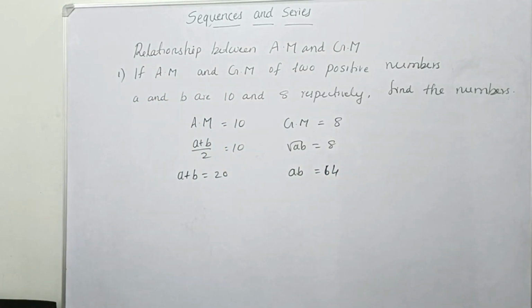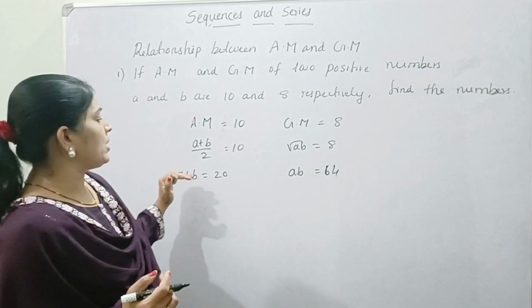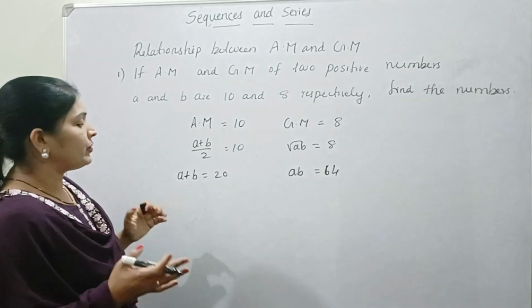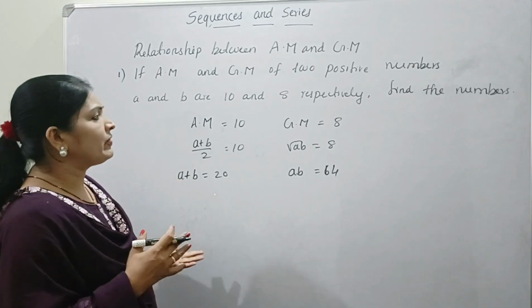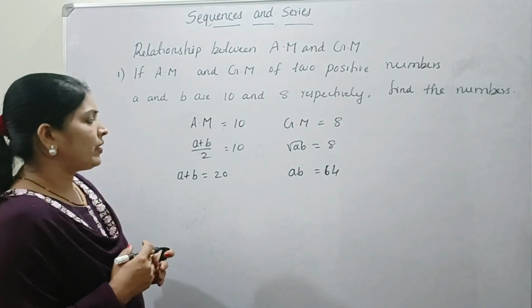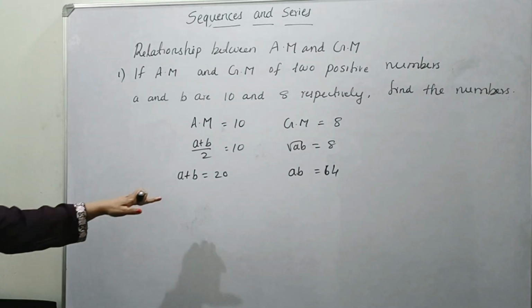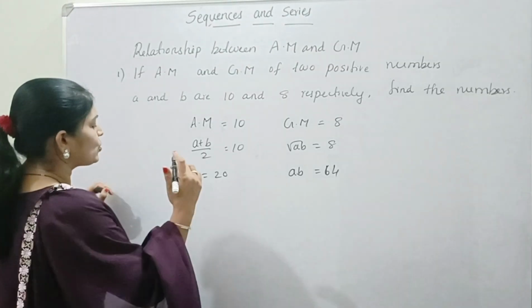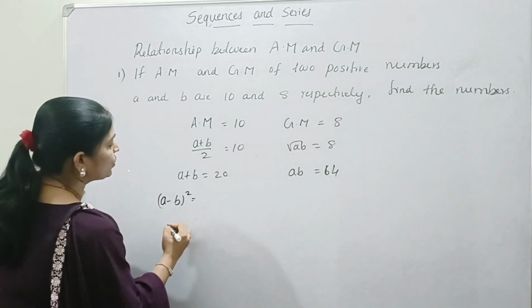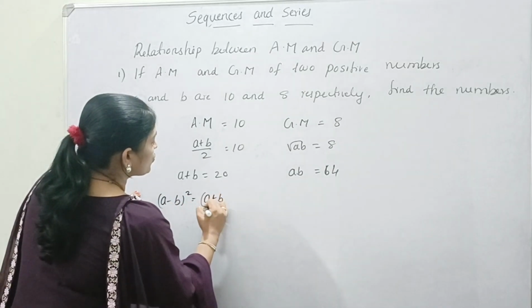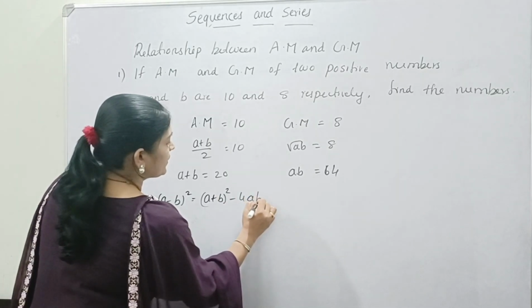Next, we have A plus B and AB, and we have to find the values of A and B. So here we will apply some identities which we studied earlier. We know that (A minus B) whole square is equal to (A plus B) whole square minus 4AB.